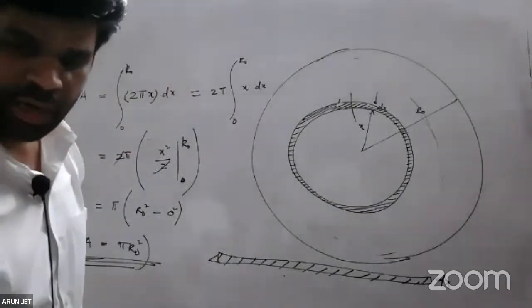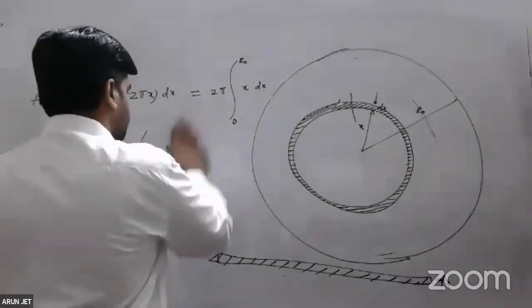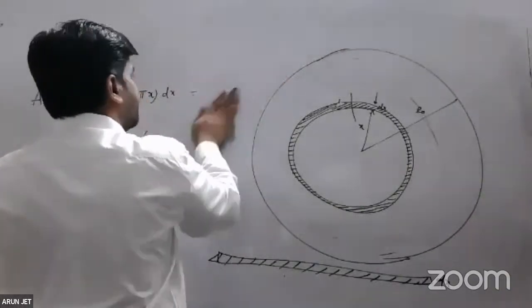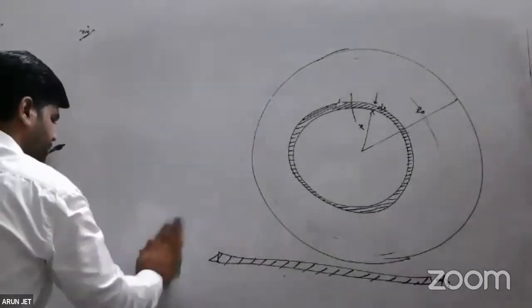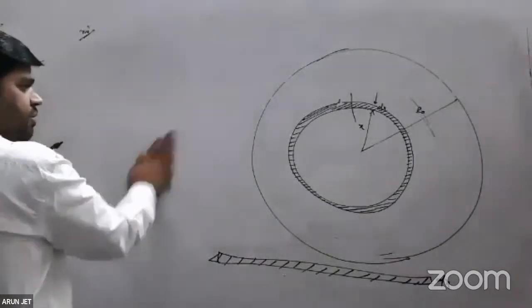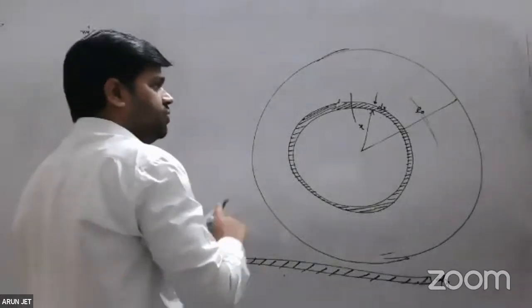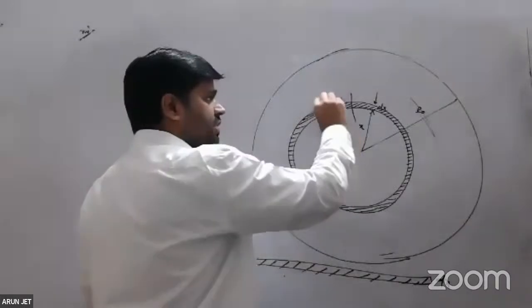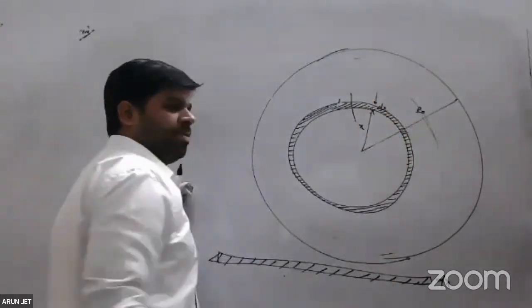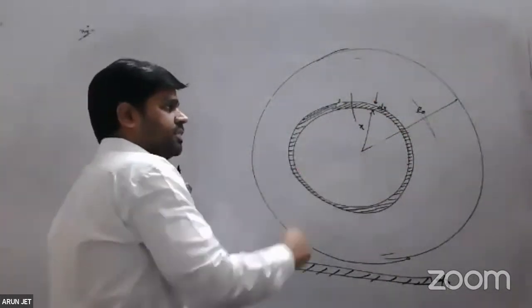Look at this. I have an area which is circular. We know it is pi r square, but we need to derive it as pi r square. All right. So what I do, I segment this whole circular area into concentric rings of width dx and radius x.